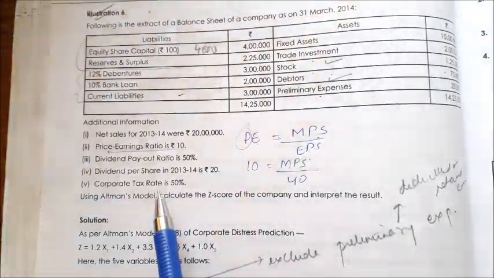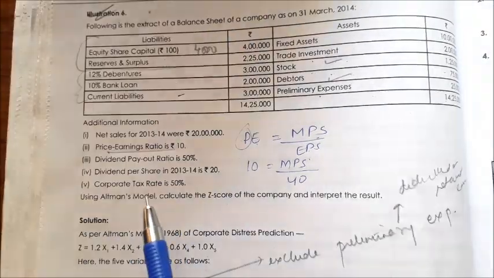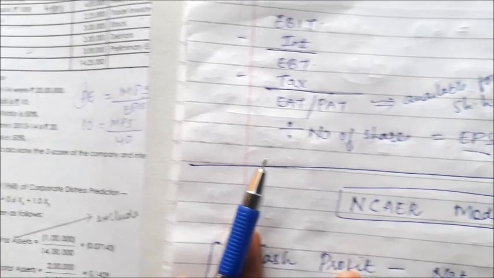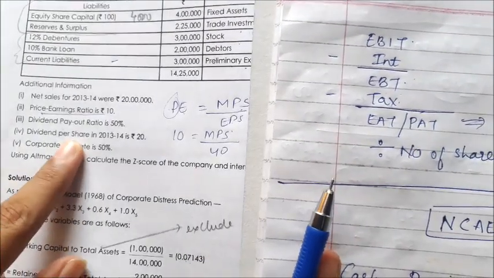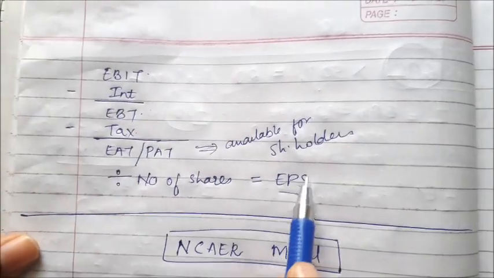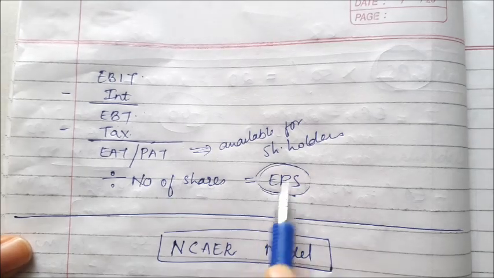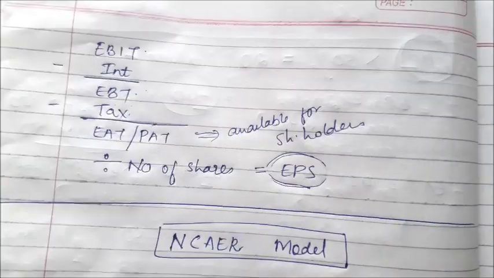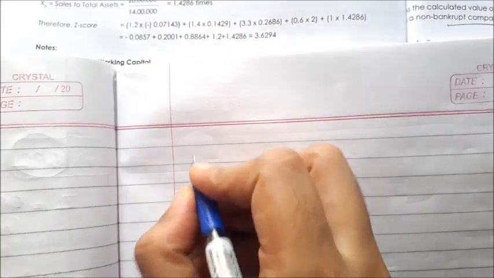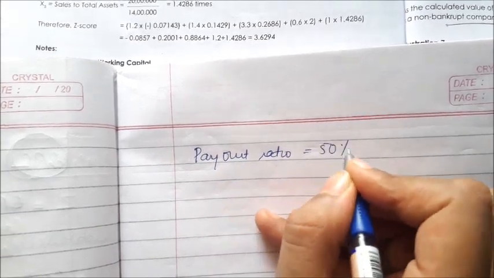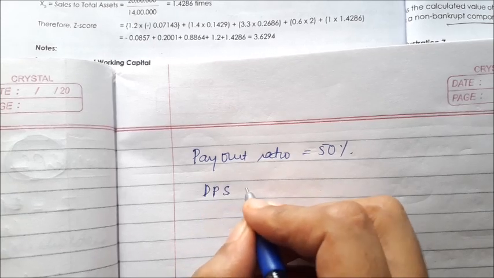Dividend per share value is given, so we can find it easily. The dividend payout ratio is provided as 50%, and dividend per share is 20.